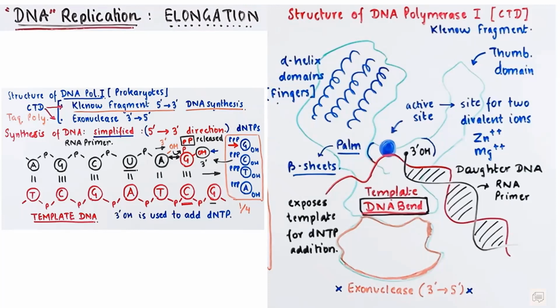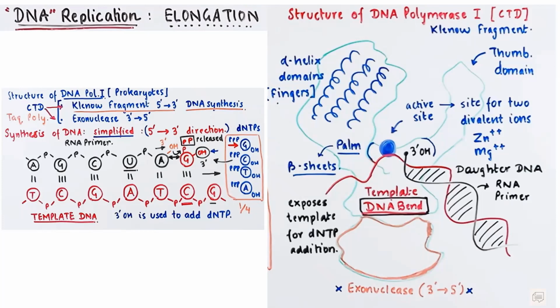In the process of synthesis, the DNA polymerase will attach the hydroxyl group of the previous sugar's 3' end to the phosphate of the incoming dNTP. As a result, the remaining 2 phosphates are released as byproducts.